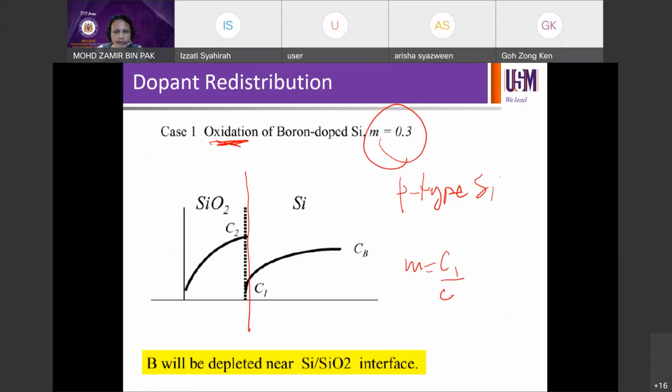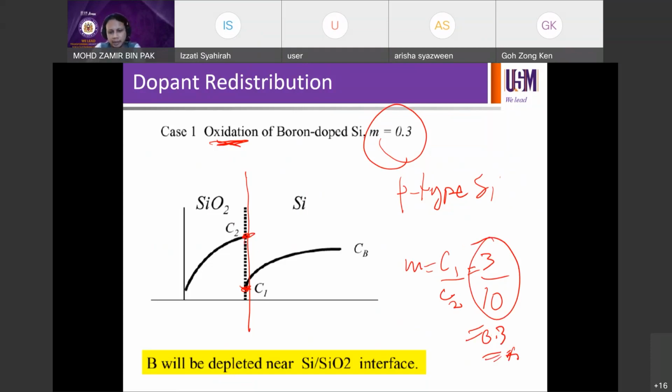C1 is clearly less than C2, isn't it? Say, for example, I take a number of about 3 over 10. Silicon over silicon dioxide will give you about 0.3. This is an imaginary number, based on the scale there.